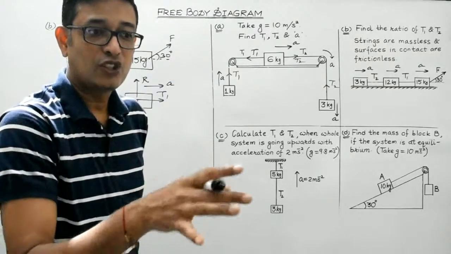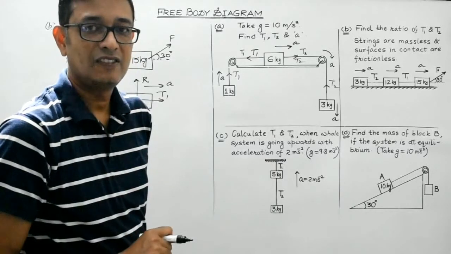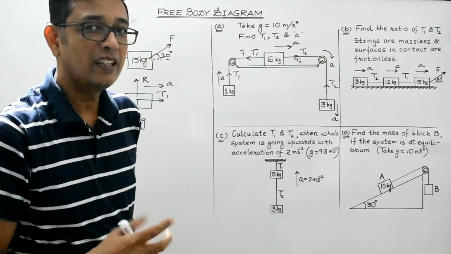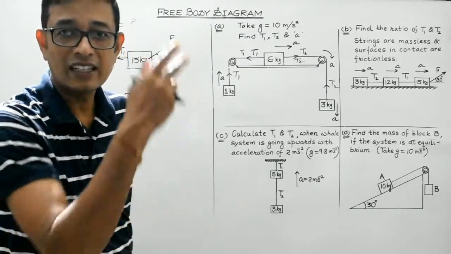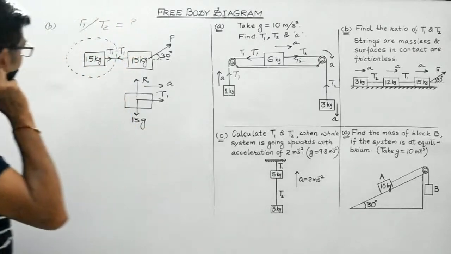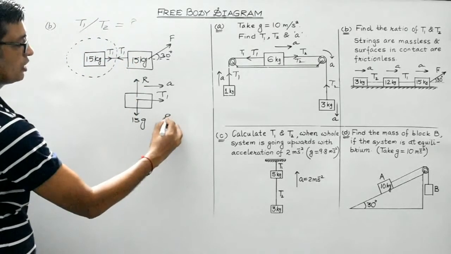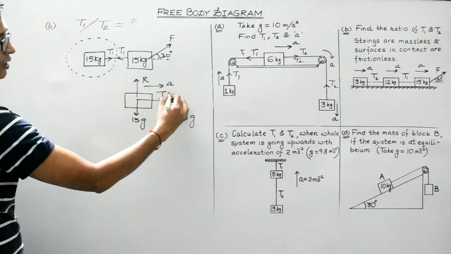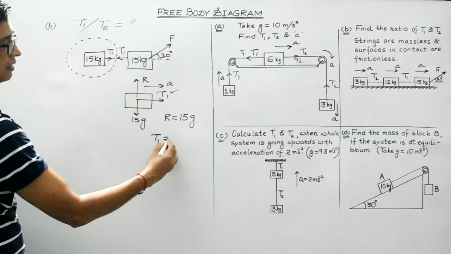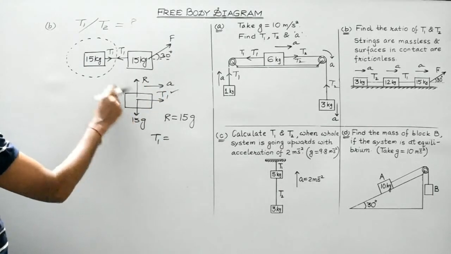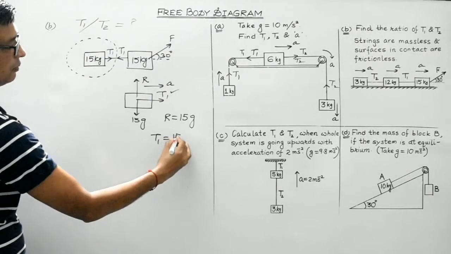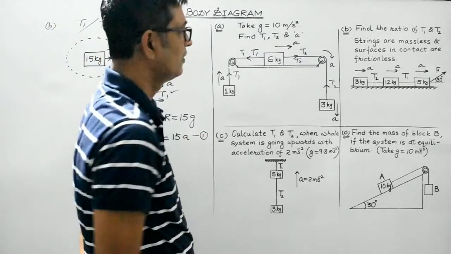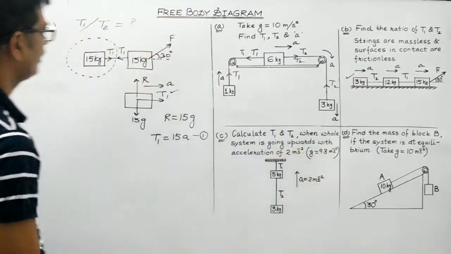If a body is placed on a horizontal surface and the body is accelerating horizontally, then there won't be any net force acting in the vertical direction, isn't it? So R and 15 mg are balanced forces. And the net force acting on it is T1. So net force is equal to mass into acceleration. The mass of this system is 15, multiplied by A. Put this as equation number 1. Clear, students? Now consider this one, 3 kg.